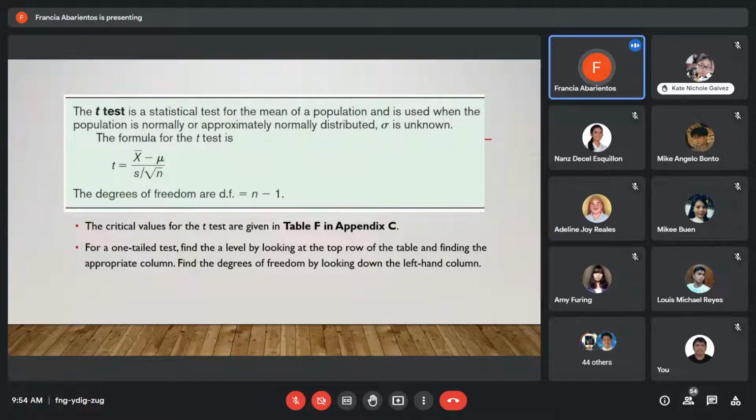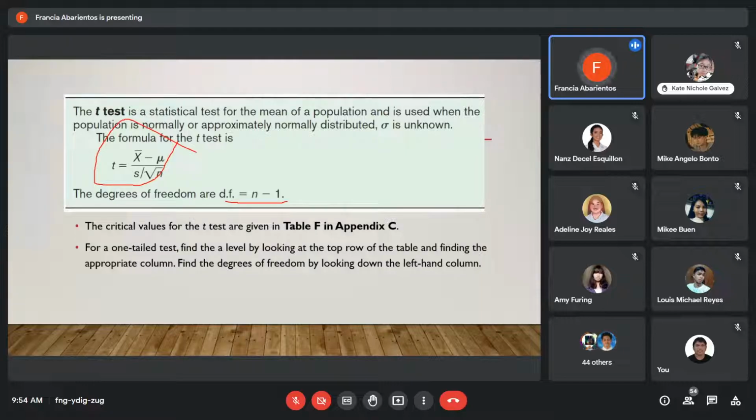In the t-test value, class, ano lang ang magpapalit? You have now the same formula. Yung s natin, standard deviation yun. But here, it is the sample standard deviation na, class, papasok na yung degrees of freedom.